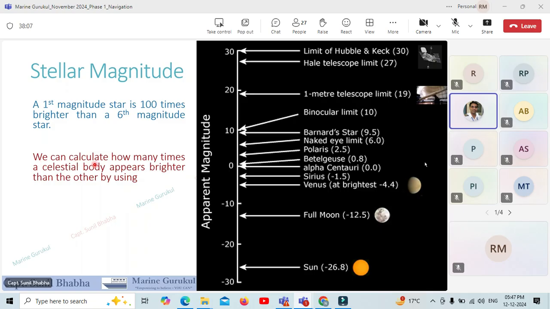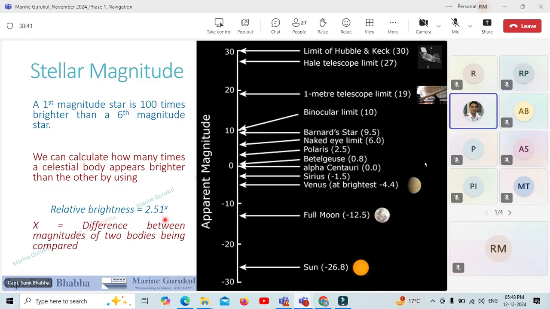We can also calculate, if we have two celestial bodies with their stellar magnitudes known to us, how many times a particular celestial body appears brighter than the other. We have a formula which can be used to calculate the relative brightness, and that formula is: relative brightness of a body compared to another celestial body is equal to 2.51 raised to the power x.